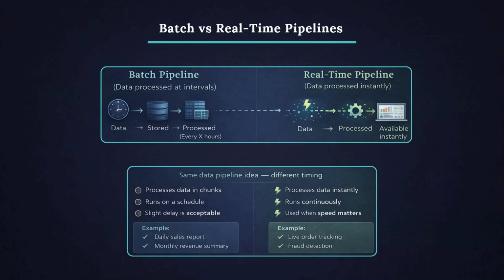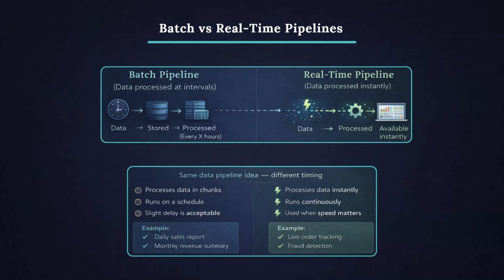Let's summarize this with a few simple points and examples. Batch pipelines process data in chunks and usually run on a schedule. They are a good fit when a slight delay is acceptable, for example, sales reports and monthly revenue summaries. Whereas real-time data pipelines process data instantly and run continuously.